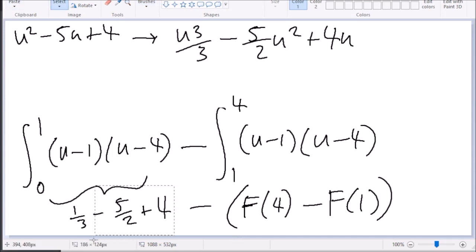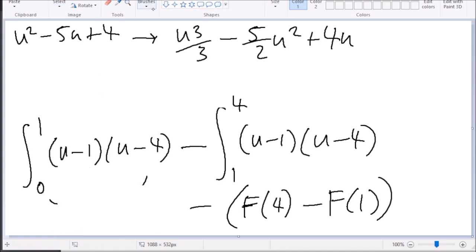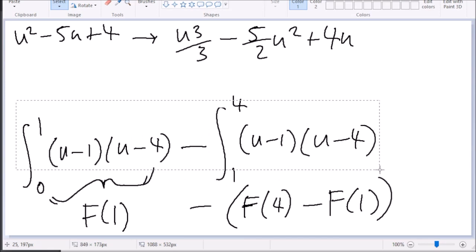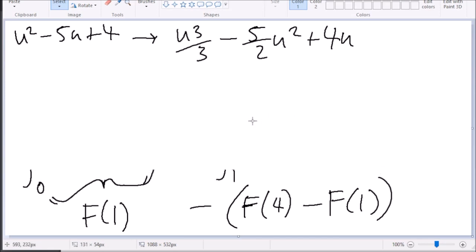I want to solve this quickly, but at the same time I have to be careful not to leave you guys behind. This whole portion is equal to f of 1. So we're done with this integral.